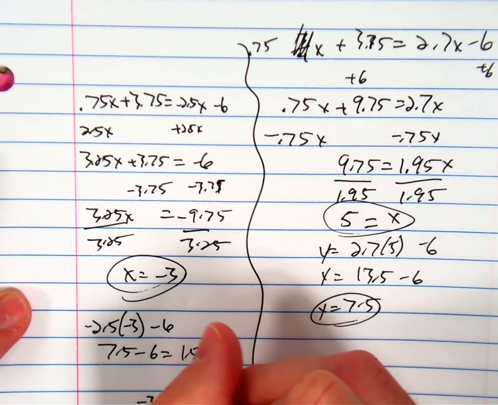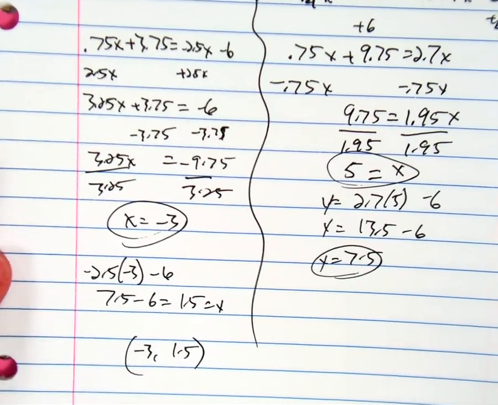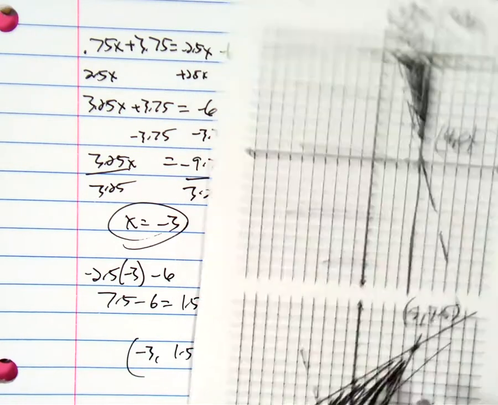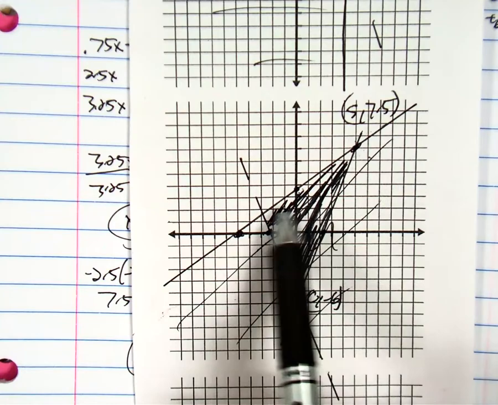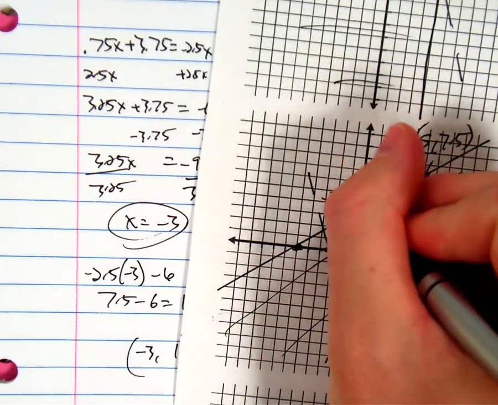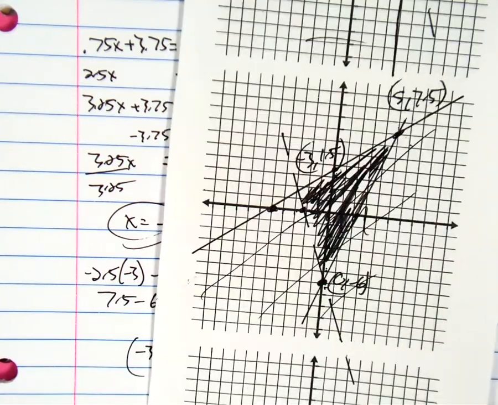So negative 3, 1.5. Okay, so we thought this one was going to be a nice one and ended up having a decimal. This one looked kind of crazy to begin with. Okay, and it actually ended up being not too bad, negative 3, comma 1.5. So there are the coordinates of our vertices of the triangle. Okay?